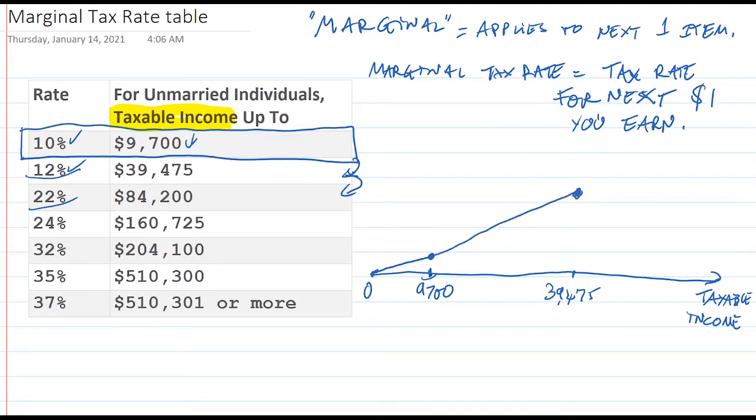But it only applies to the dollars after the 9,700. Again, because it's marginal, it applies to the next dollar. It doesn't go back and retroactively charge the old dollars 12%. And once you get here, for the next dollar after 39,475, you're paying 22% in taxes. So it's an even higher percent, all the way up to 84,000. And then from there, it's 24%, then 32, etc.